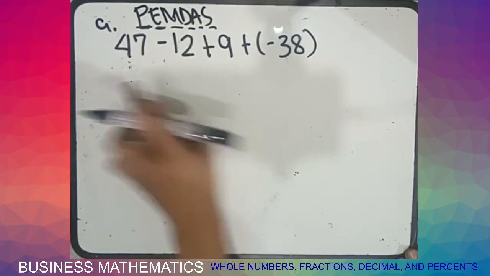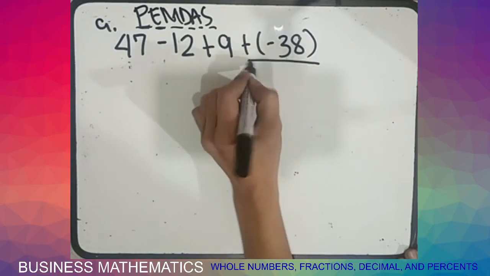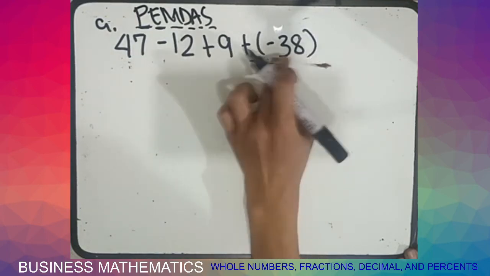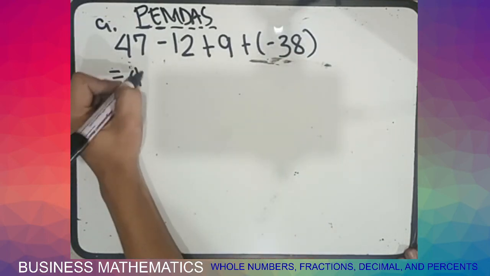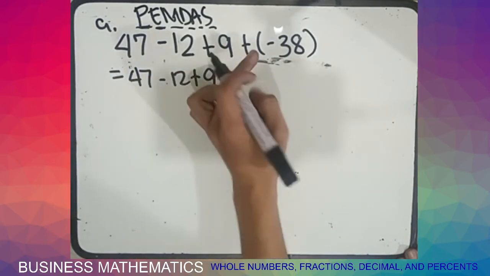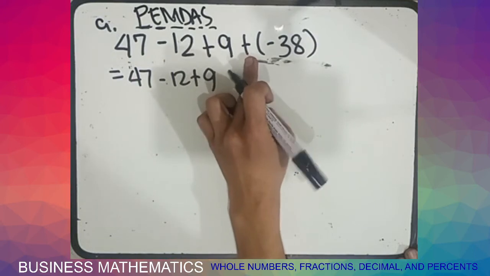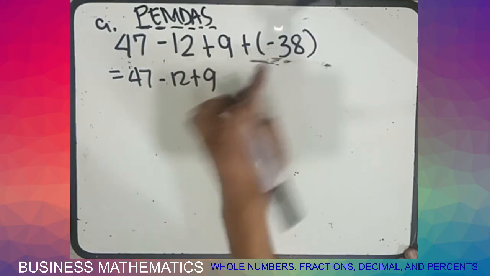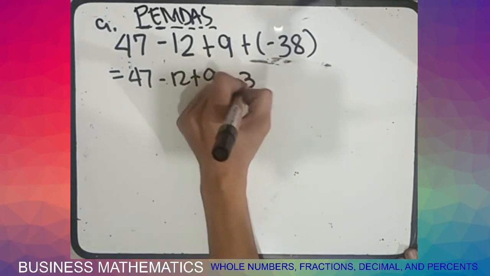Dito sa given natin, ang unahin muna natin ay ito. Sulat natin: 47 minus 12 plus 9 plus yan. Then, yung plus, pag times natin sa negative, magiging minus 38.